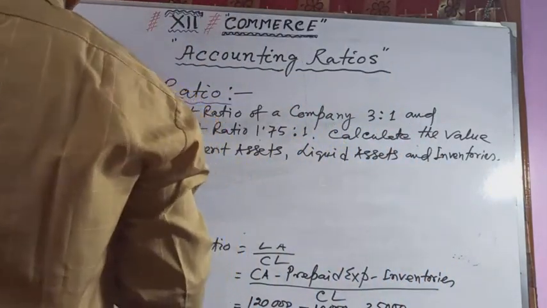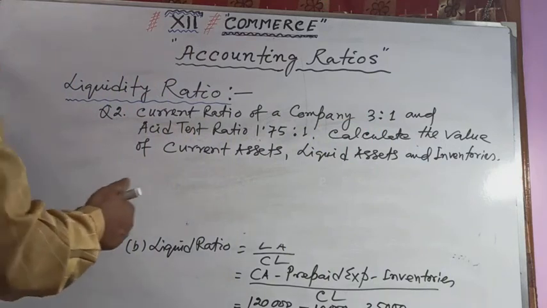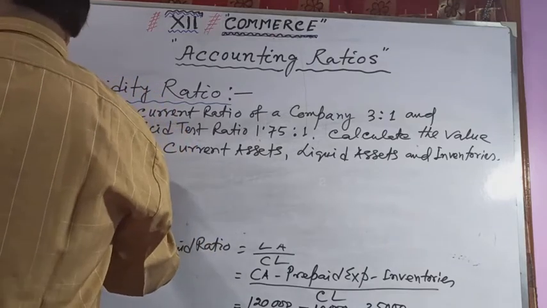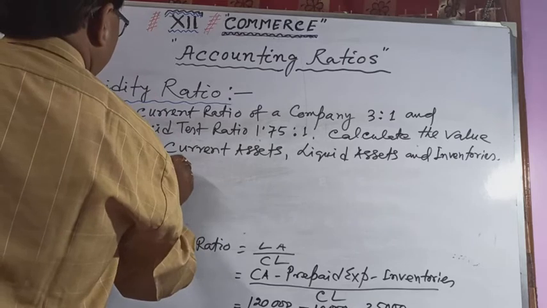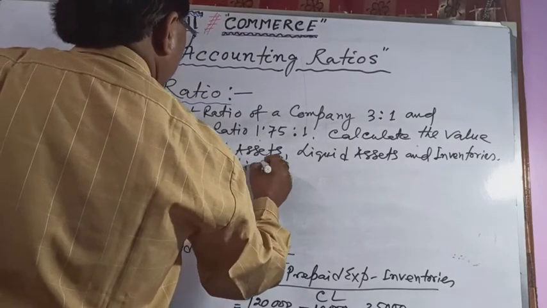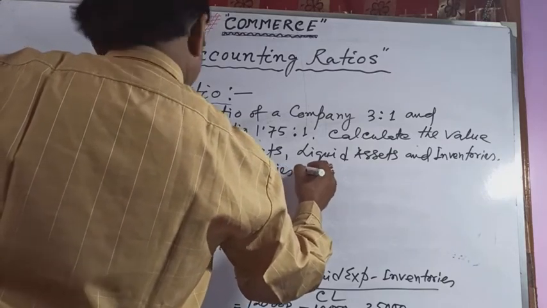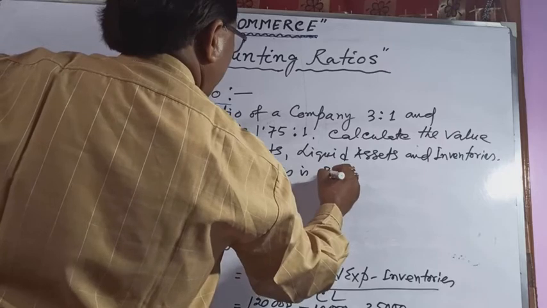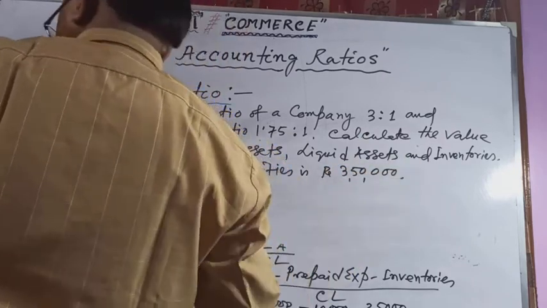Now again repeat the question. If a company's current ratio is 3:1, and their current liabilities are given, current liabilities is rupees 3,50,000.